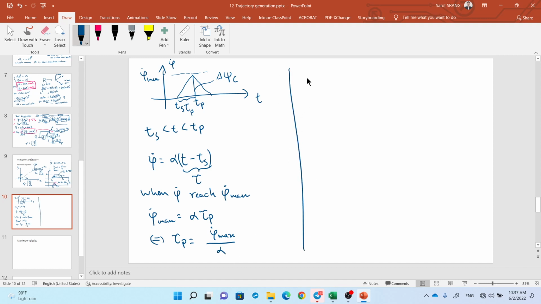Then we have delta psi c equal to psi dot max squared over alpha.